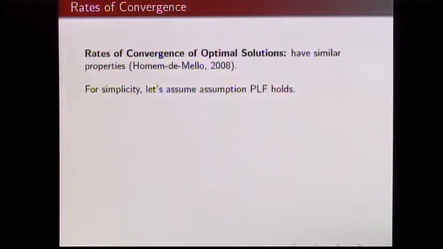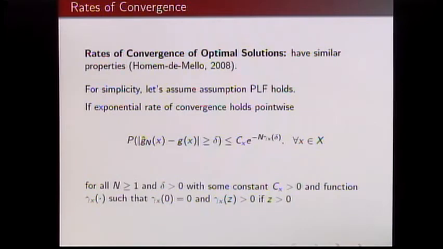So how about optimal solutions, all right? Again, just for simplicity, you can show things like this under weaker assumptions. So piecewise linear or finite x holds. Then, if the exponential rate of convergence holds pointwise, right? This is like if you have large deviations type of results, you can get these constants that will depend on x, by the way, right?